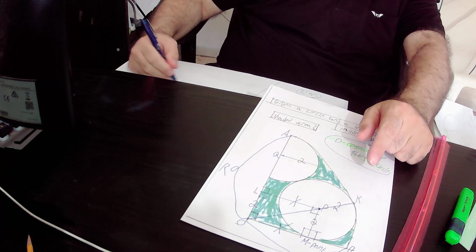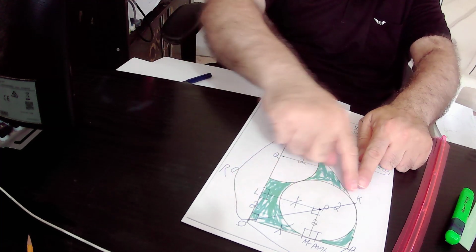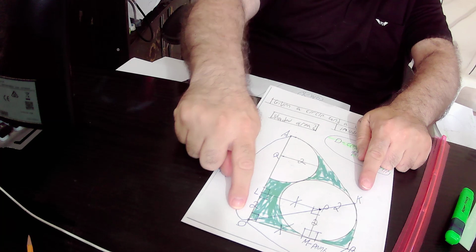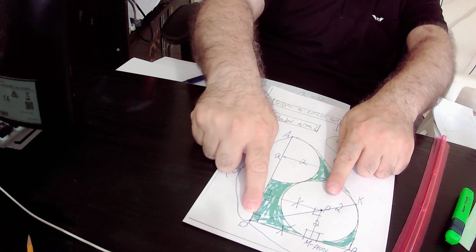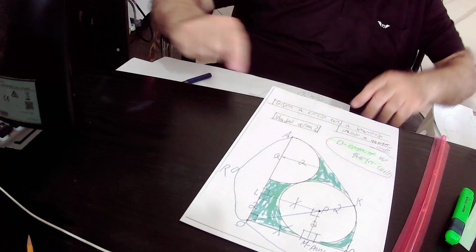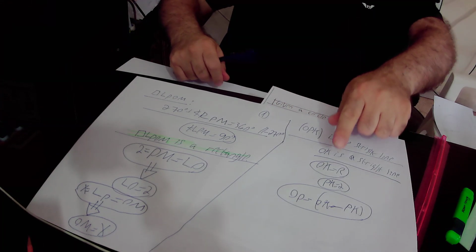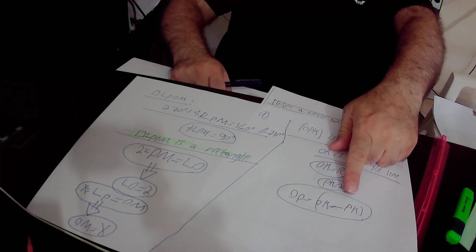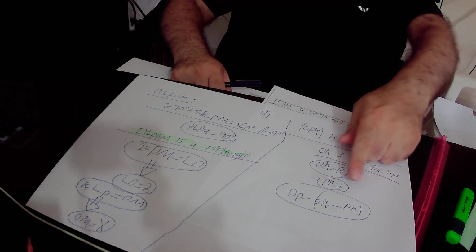I repeat again, the length of line segment OP equals OK minus PK.